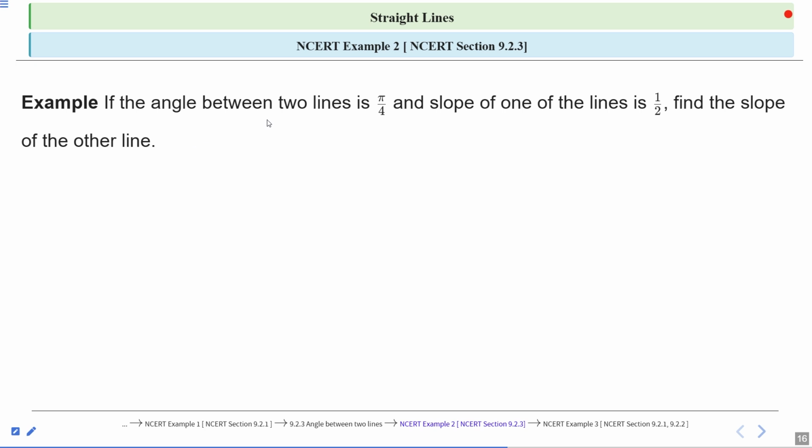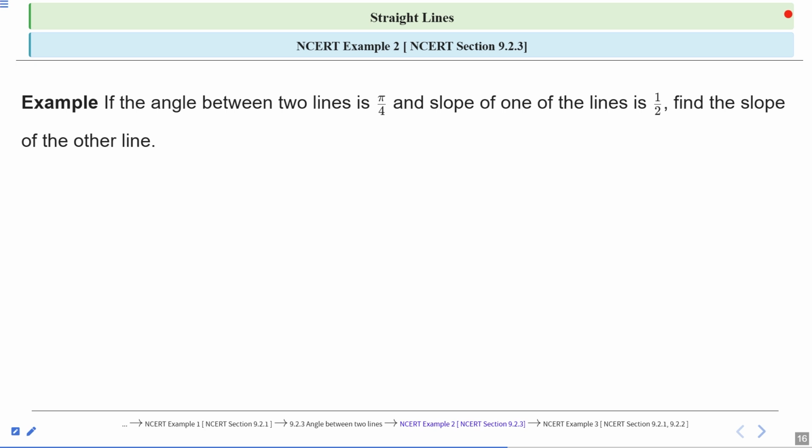If the angle between two lines is pi by 4, and the slope of one of the lines is 1 by 2, then find the slope of the other line.